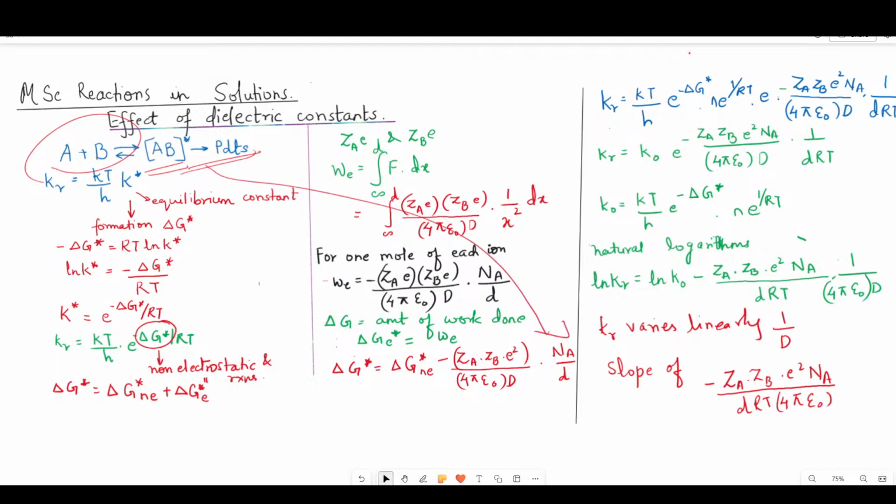You come up to finding the Kr, which is linearly proportional to 1 by D. It is having a slope involving ZA, ZB, that is the charges of the ions in the reaction, along with the constants. So that's it for today's topic.